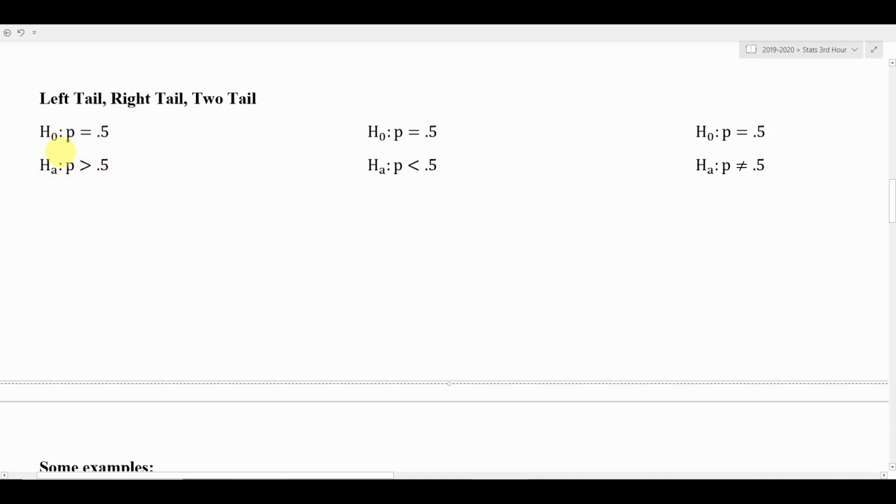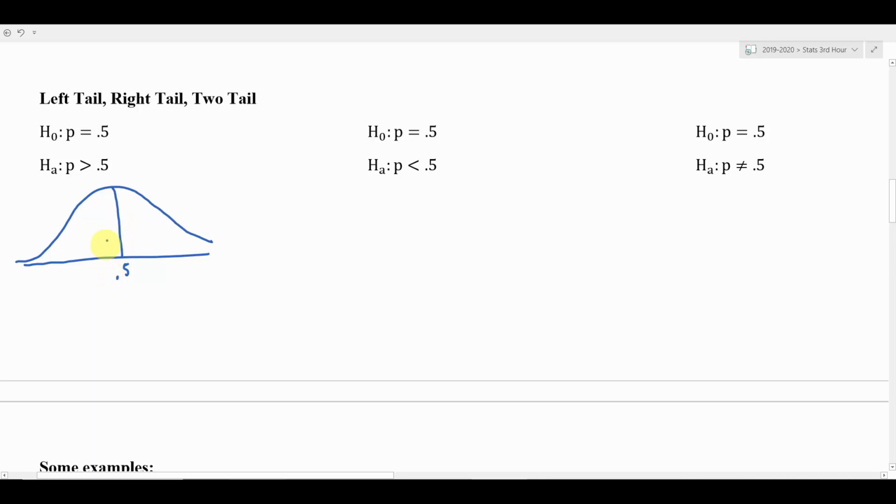So consider this null and alternate hypothesis. The null hypothesis is that the proportion is equal to 0.5. The alternate is that it is greater than 0.5. At some point in the test, we're going to be drawing a normal curve to establish a probability. There's going to be this expected value in the middle, and we're saying that that is 0.5. That was our population assumption.